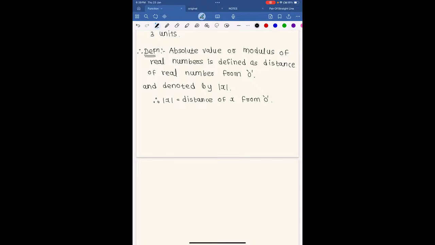Distance will not be negative, it is either 0 or a positive quantity. So that's why we say that mod of x is always greater than or equal to 0, because distance is always non-negative.